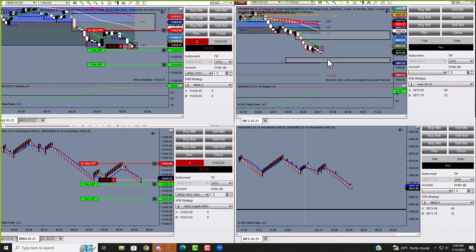I really want to see that pullback and then kind of a reset scenario. That was kind of the reset though right there. This should give us a low and then break back up in there, give us that 2-leg pullback.